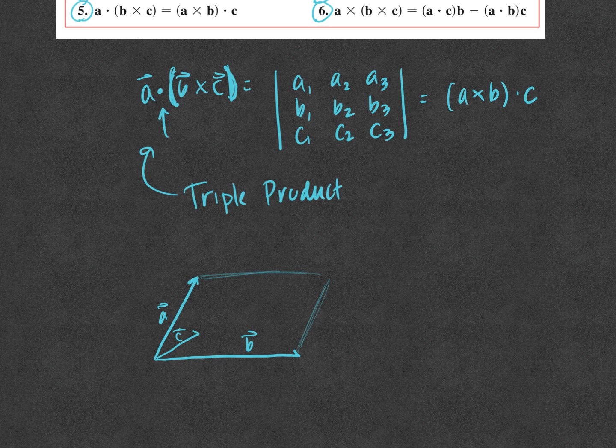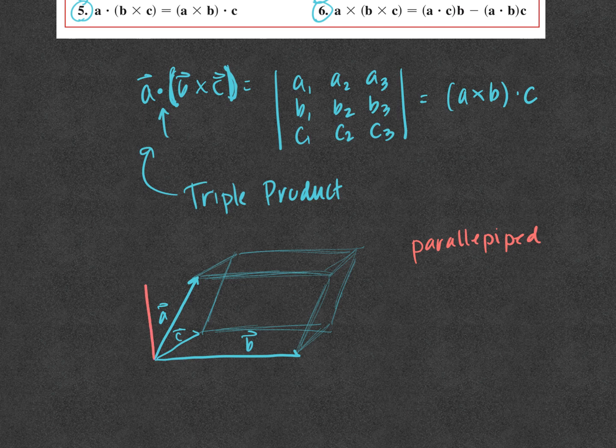Let me see if I can get it drawn while I'm talking to you here. I may not have that skill. We'll see. It's called a parallelepiped, and you can see this parallelogram is the base, and then it becomes 3D. It's a 3D parallelogram, and let's talk about the volume.